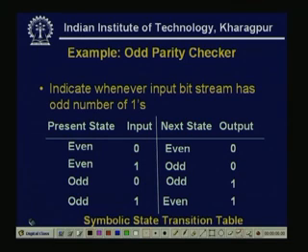Now if the present state is even and input 1 arrives, that means the next state will be odd, because earlier the present state was even, now the input has reached 1. So the next state is odd, and the output, if we consider the present state, just the present output, this will be a 1.